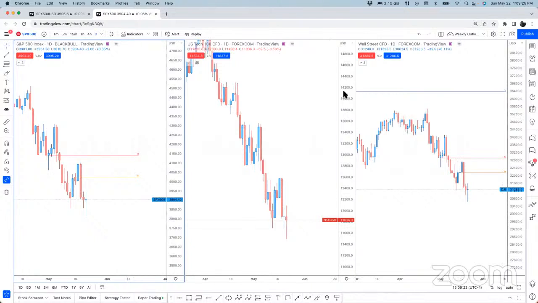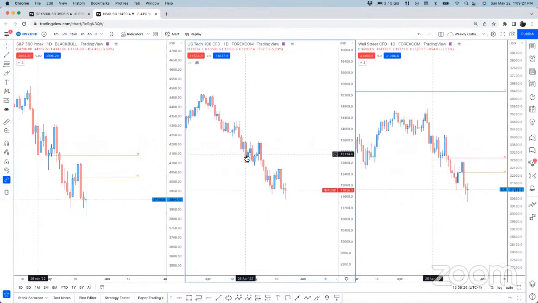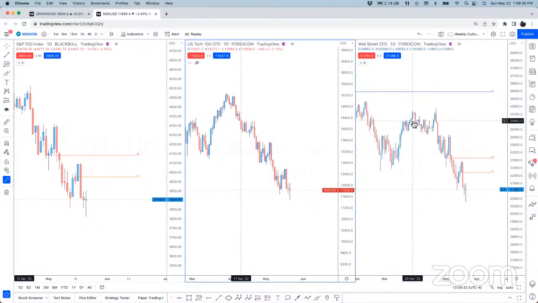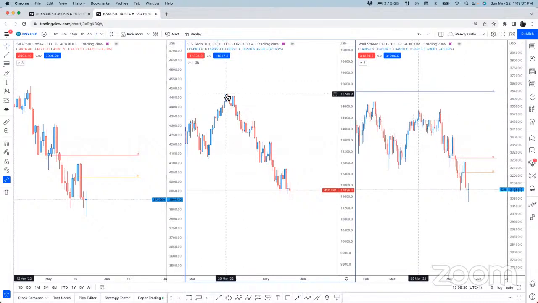Sometimes you'll notice that when that divergence comes into play, going back to this area, we made lower highs here. Let's find where we were, right here. So in this same area on the daily, we made lower highs over here as well. So it's lining up.